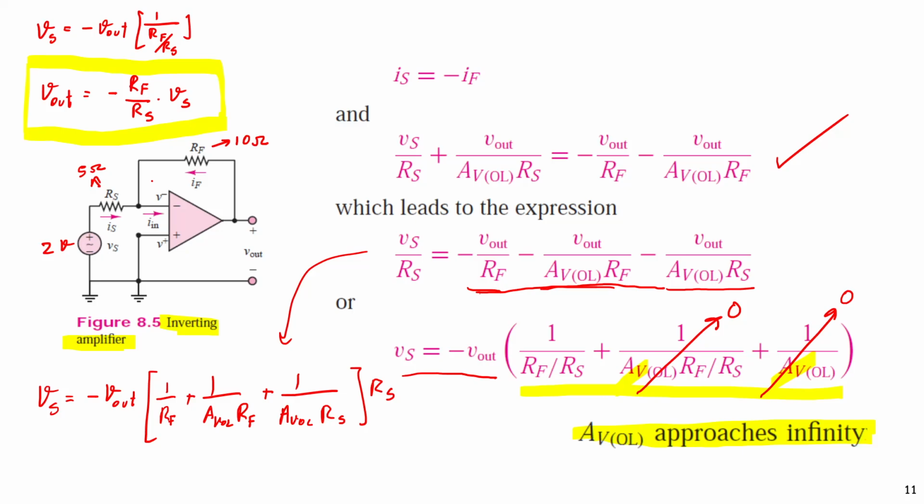Whatever Vs, Vout will be double, 10 by 5, right? Will be 2 times. We will get output increase 2 times, but the signal is inverse. So in this case, Vout will be minus 10 by 5 into 2 is minus 4, right?